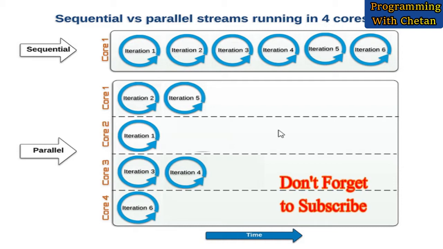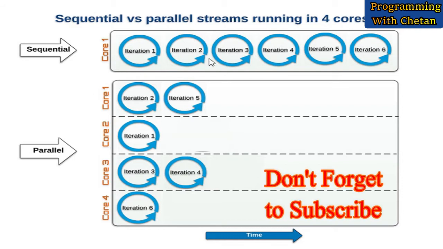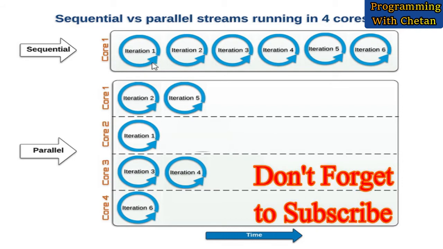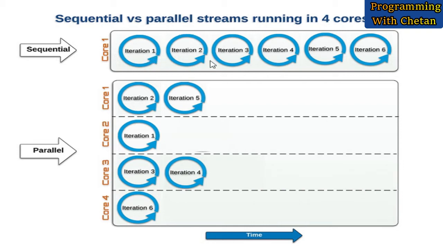How can we send it? You can use a sequential stream, but in that case it will first send the mail to one user, and only then send the mail to another user. But if you're sending mail to 10,000 users, you need to take care of performance as well, right? In that case you can use a parallel stream, because while sending mail, order is not important. Then we can simply go with a parallel stream, which will help us improve the performance of our application.